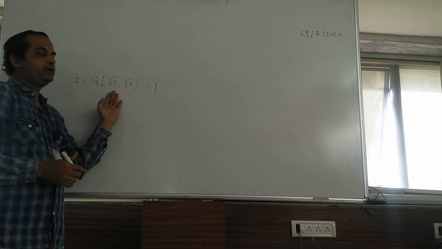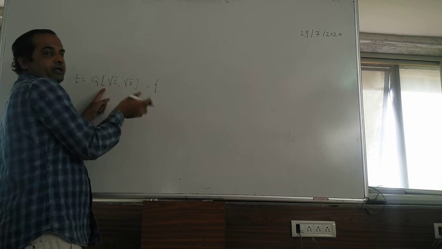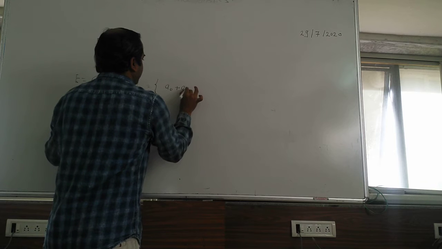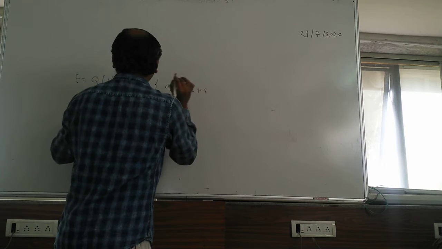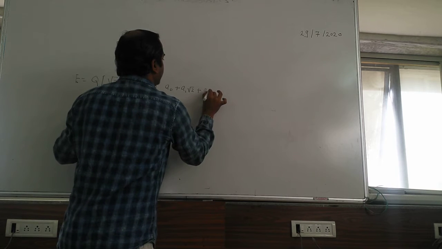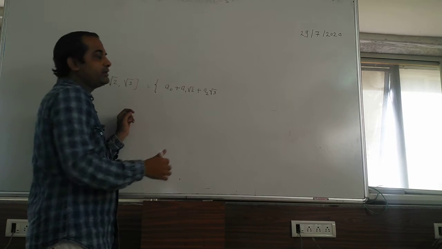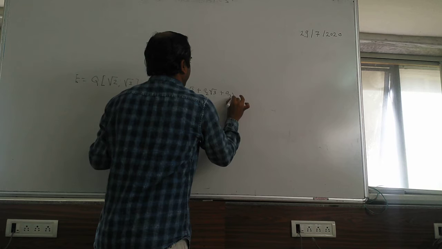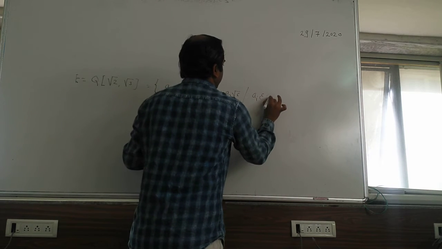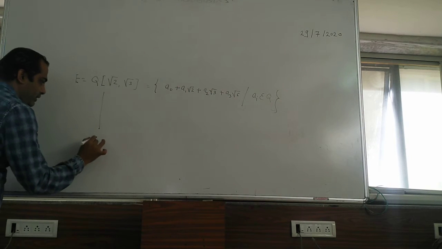Now you are putting root 2 and root 3. So what do you finally get? a0 plus a1 root 2 plus a2 root 3 plus a3 root 6, since root 2 into root 3 is root 6, where the ai's are rational numbers over Q.